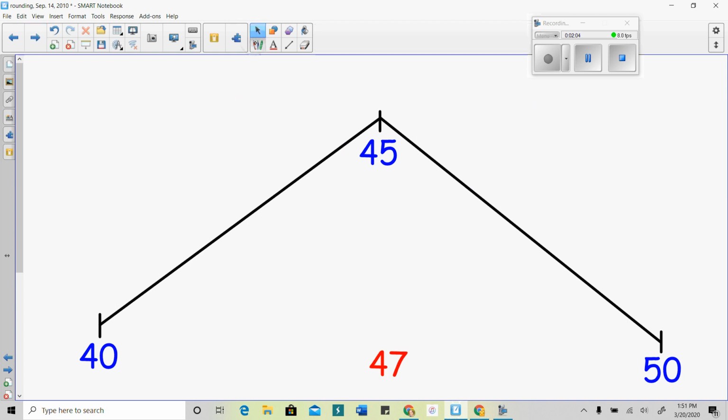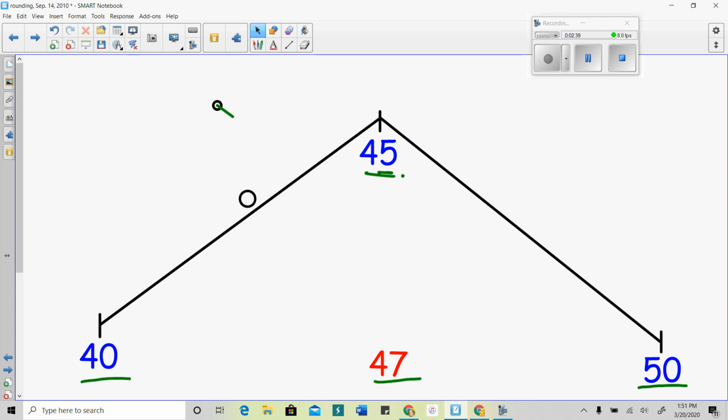So let's take another number here. So now I've got the number 47. So you set up your mountain. On the left would be 40, because 40 is below 47 counting by tens. And on the right, we're going to put 50, because 47 comes between 40 and 50. Now the top of the mountain, you're going to put the number in the middle, which is 45. Now, thinking about that 47, I want to draw a circle or an X or something where the 47 would go.